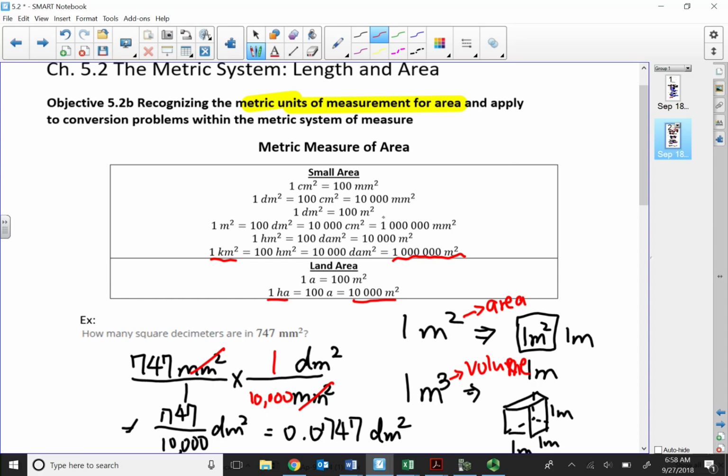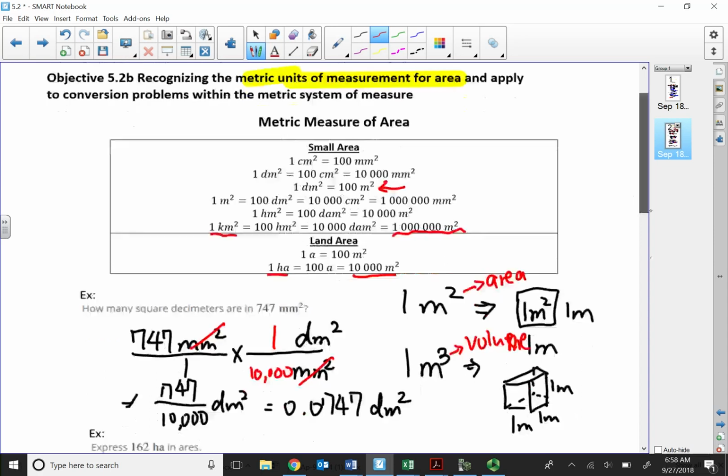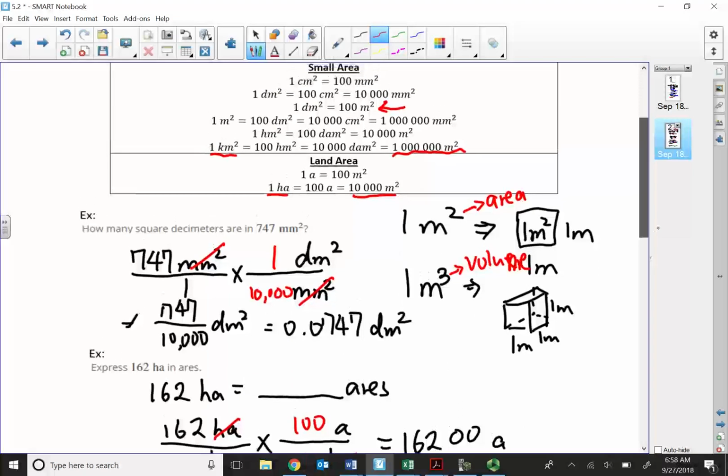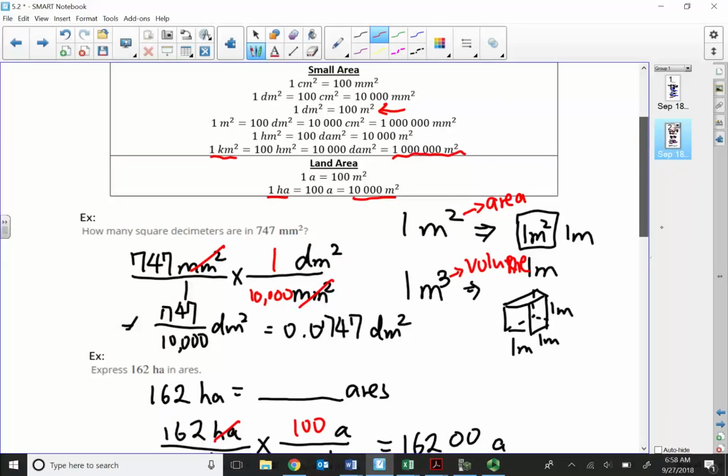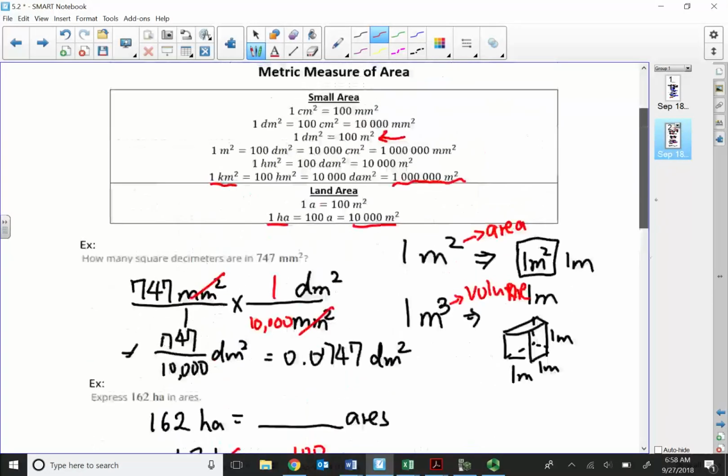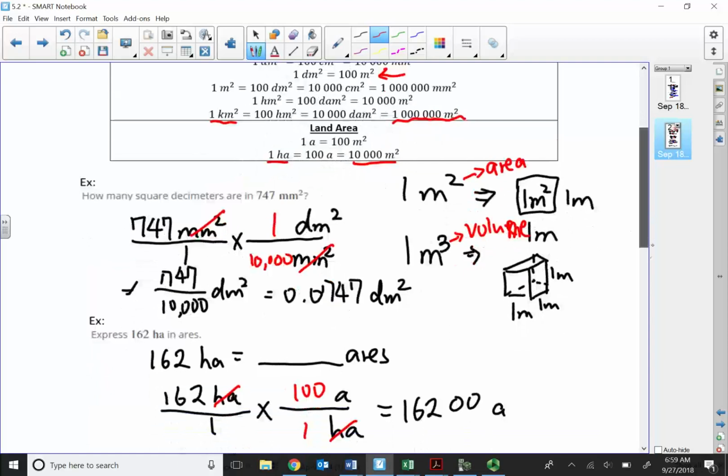Oh, I just noticed something right here. This is not correct. Deci is smaller than square meter, so this part is incorrect. I would fix that.